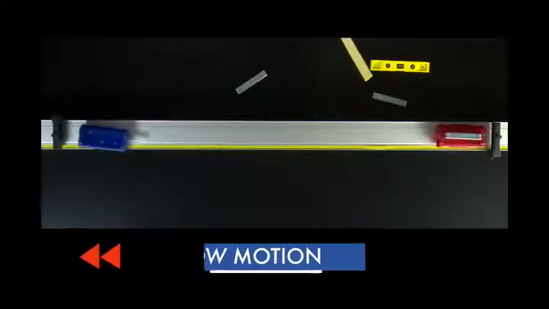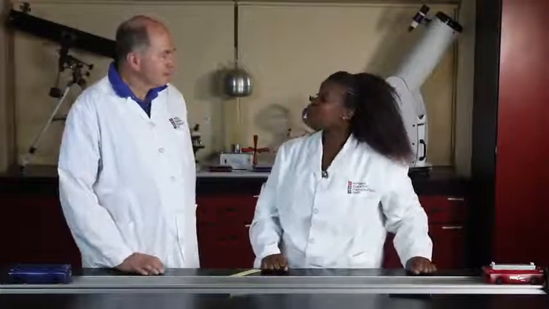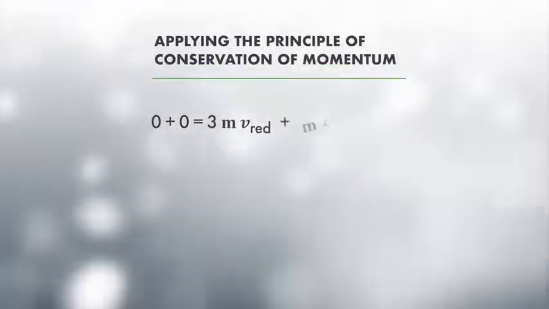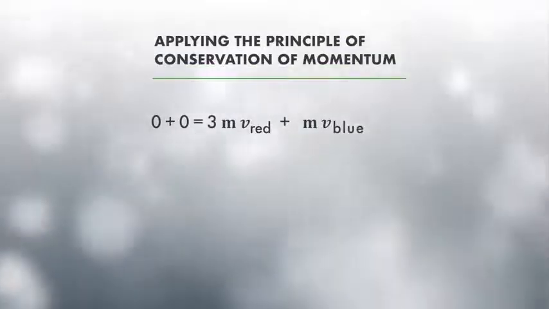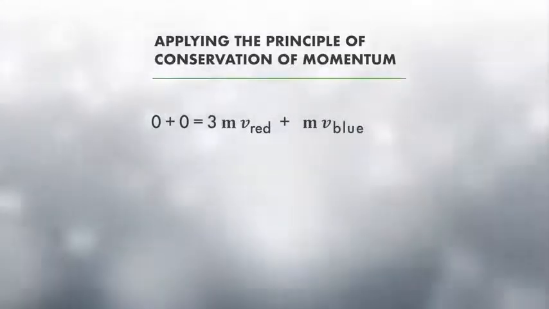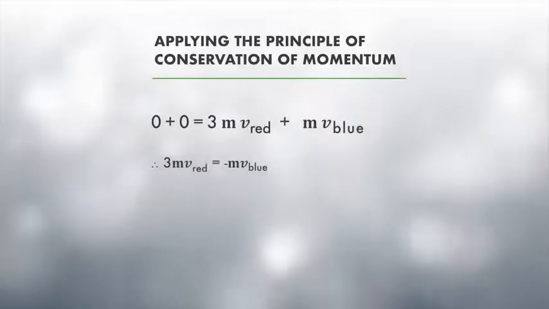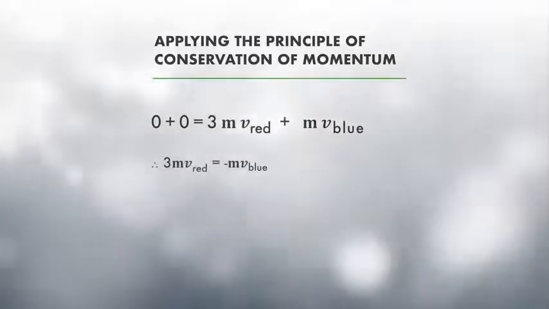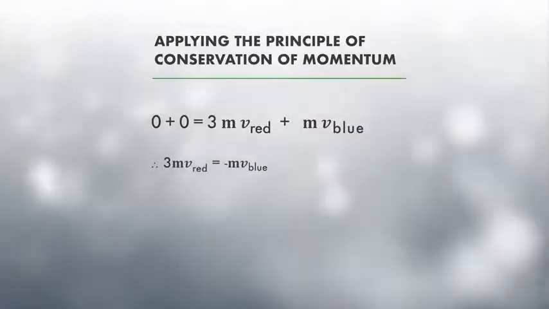Now we will try one trolley with 3 times the mass of the other. Where should we position the trolleys at the start? Applying the principle of conservation of momentum, we know that the initial linear momentum of the system is equal to its final momentum. Therefore, 3mv_red equals minus mv_blue.